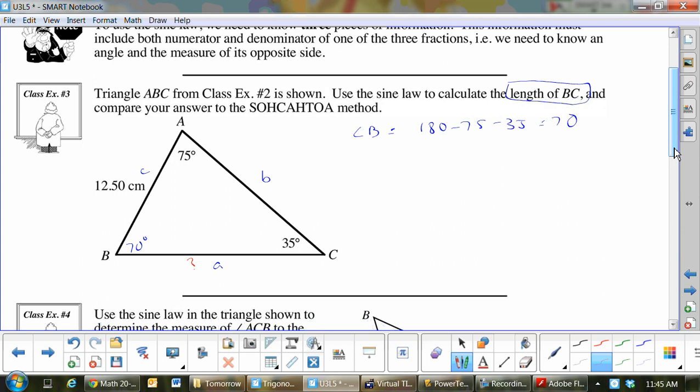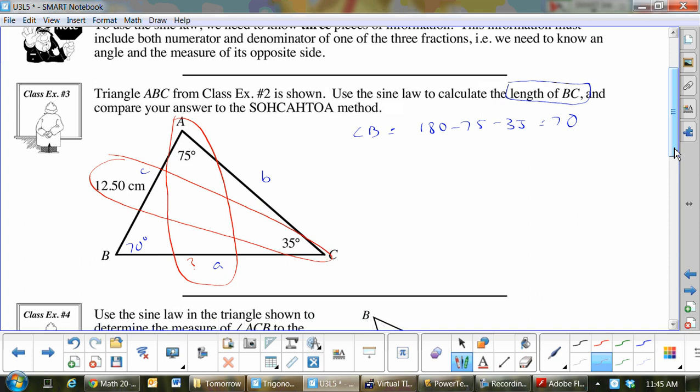Now, to be able to use the sine law, you need to do one complete loop with an angle and its side, and one loop with an angle and then just one unknown. If out of 2 loops you have 3 out of the 4, you're going to get it.